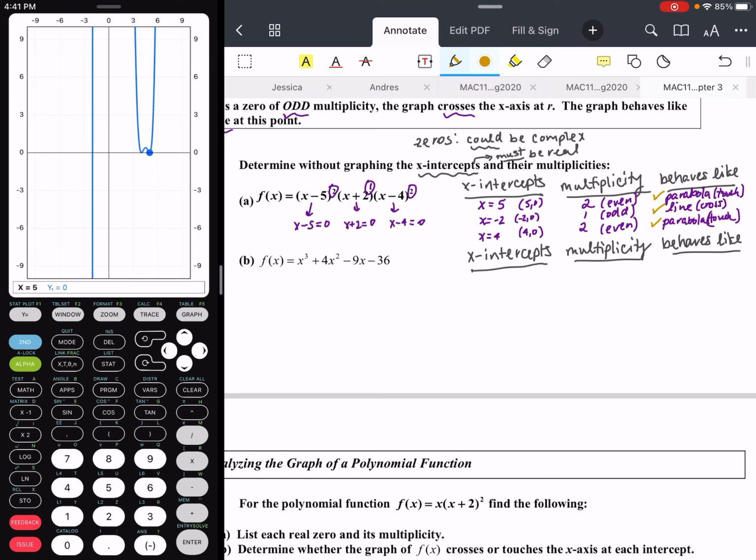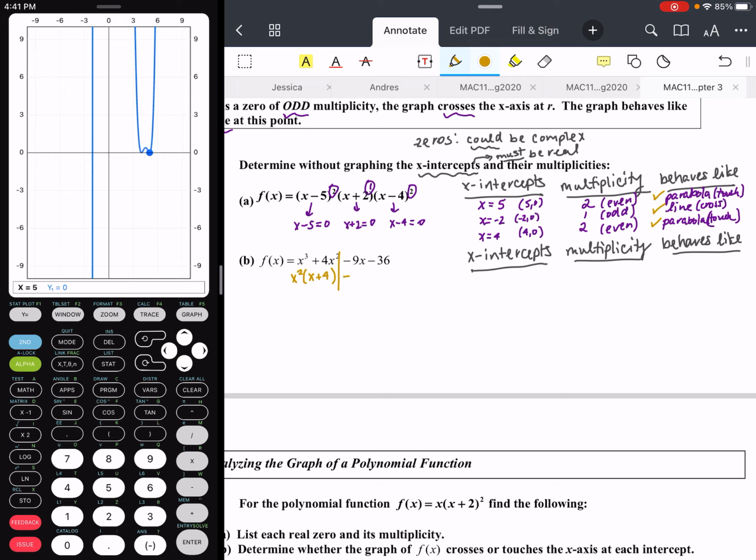f of x equals x cubed plus 4x squared minus 9x minus 36. So we want to get this in factored form. If you don't have it factored, go ahead and factor it as a first step. So we can factor out our GCF x squared, and this gives me x squared times (x plus 4). For our second terms, we're doing factoring by grouping because we have 4 terms.